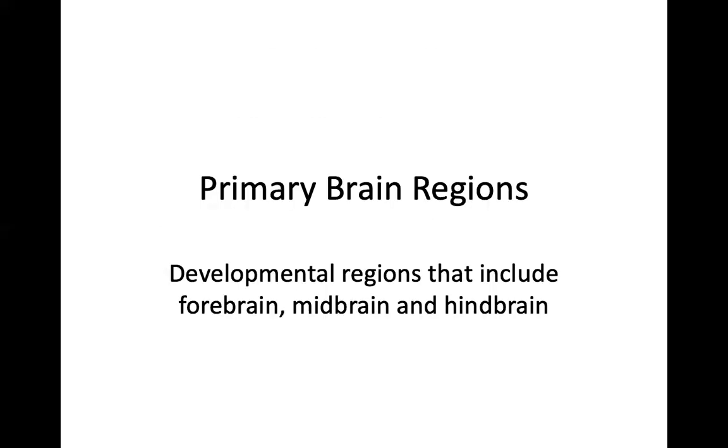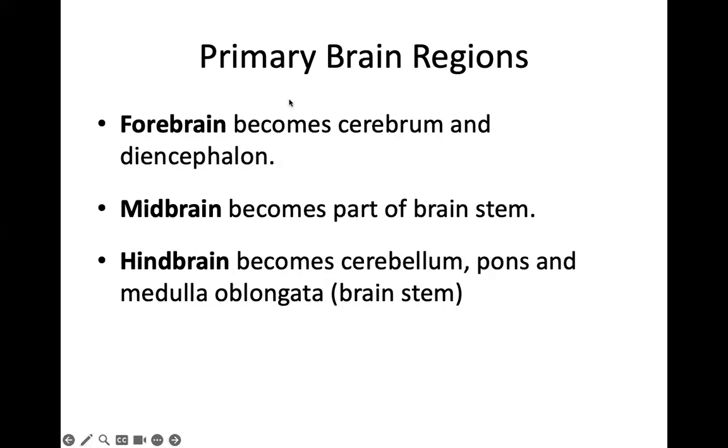Now let's go to the primary brain regions: forebrain, midbrain, hindbrain. The forebrain, the frontal side, becomes the cerebrum and diencephalon. The midbrain is the brainstem, and hind means behind, the back side. That is the cerebellum, pons, and medulla.